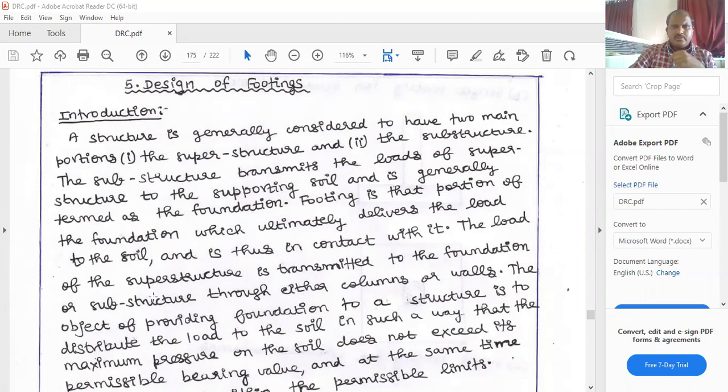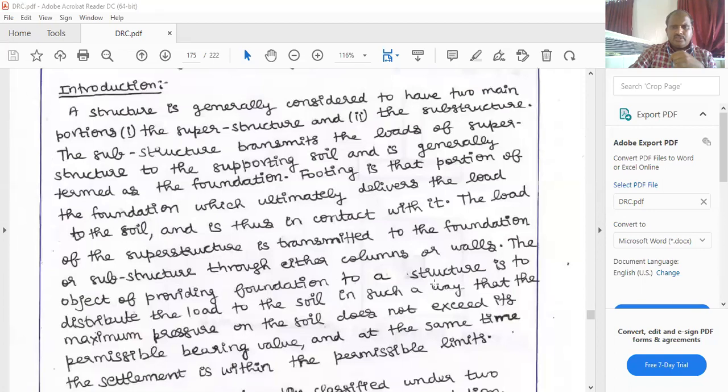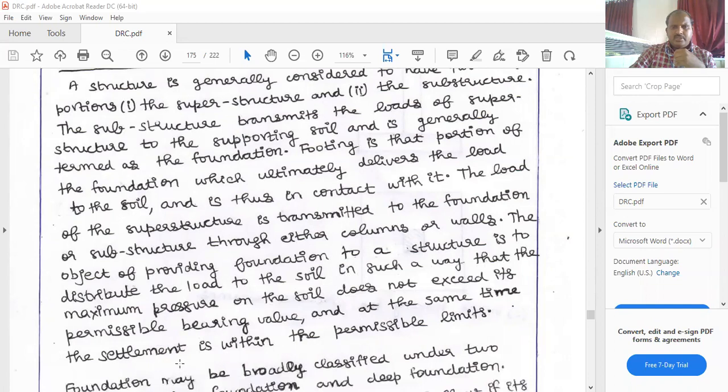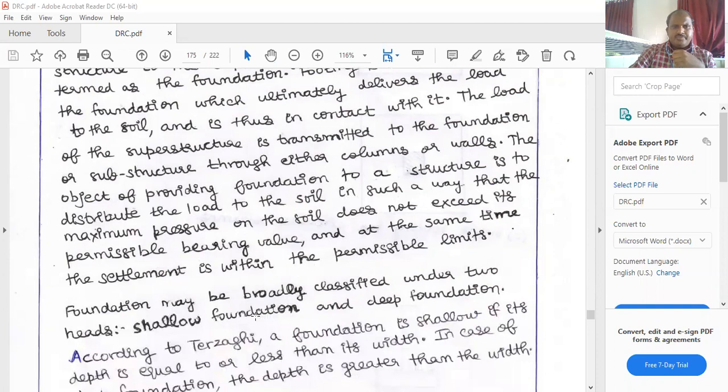The object of providing a foundation to a structure is to distribute the load to the soil in such a way that the maximum pressure on the soil does not exceed its permissible bearing value, and at the same time the settlement is within the permissible limits.